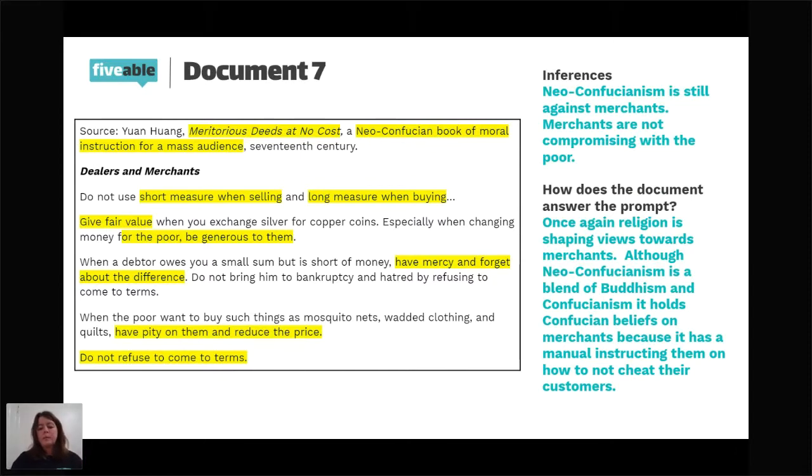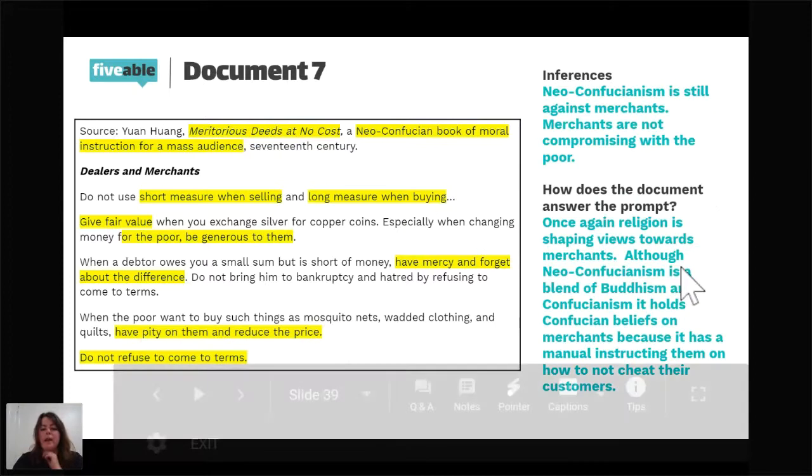So with this blending of Confucianism and Buddhism, they stuck with the Confucian side towards merchants, right? And then another inference, they're not compromising with the poor. They're like, pay everything. Okay, so how does this answer the prompt? What would I add in?